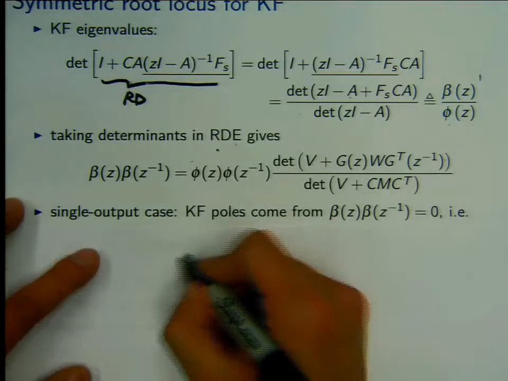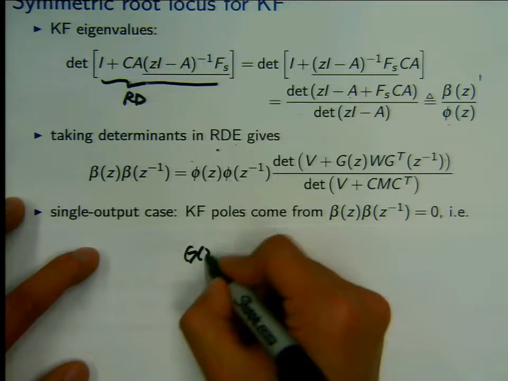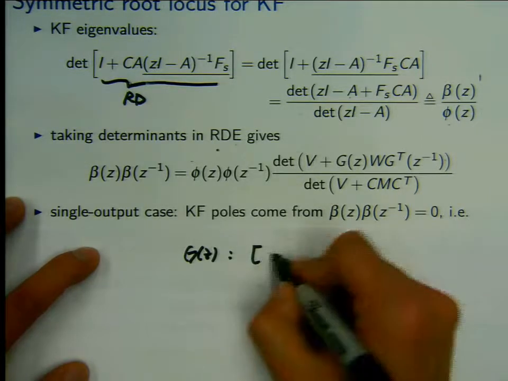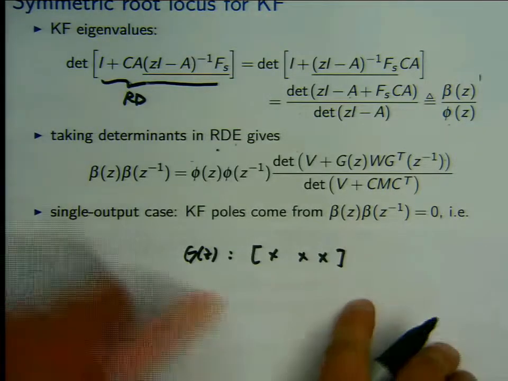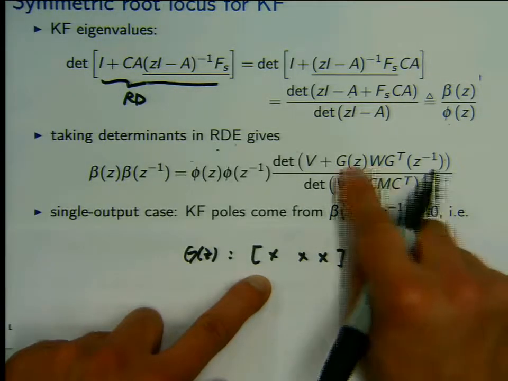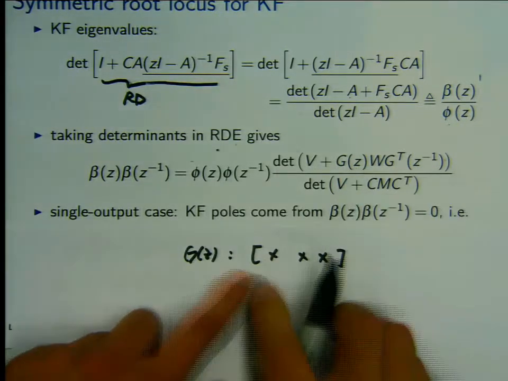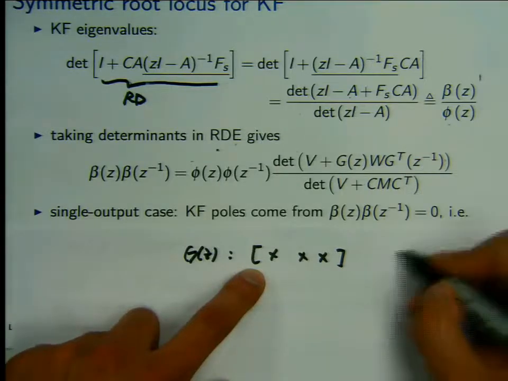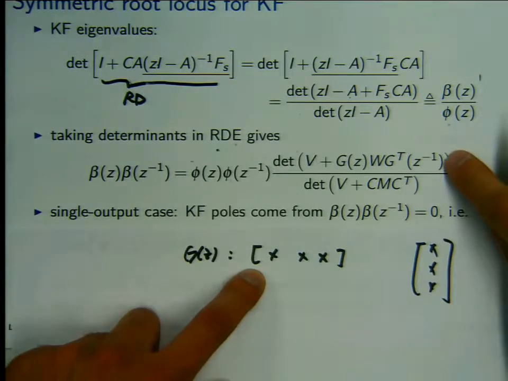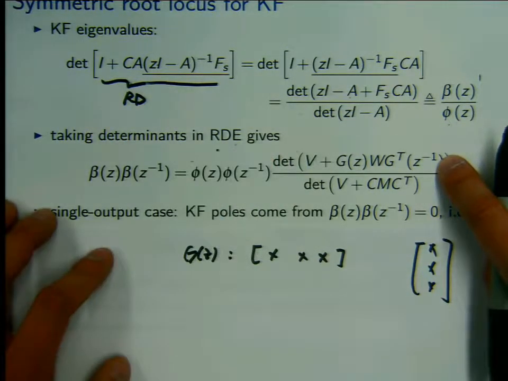What if G(z) looks like a wide transfer function matrix? Then this term is going to become a scalar. If it's a wide matrix, the transpose is going to be a skinny matrix. So this is going to become a scalar. The determinant of a scalar is itself.